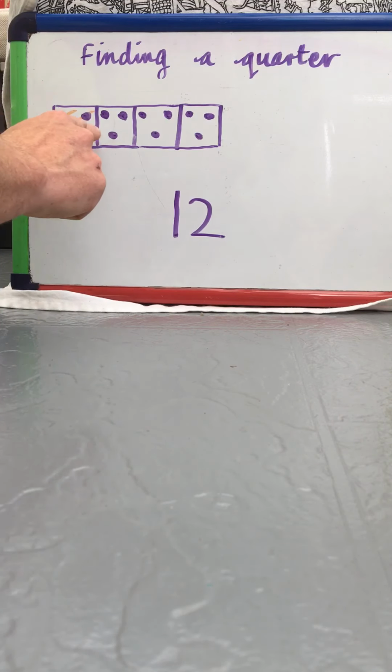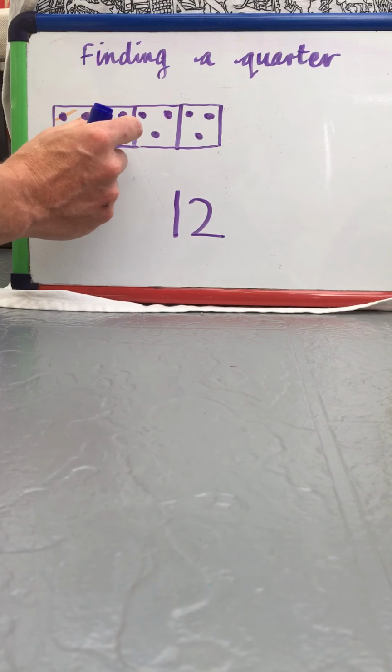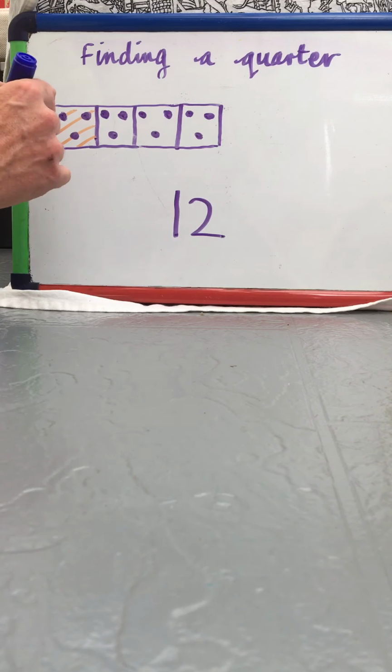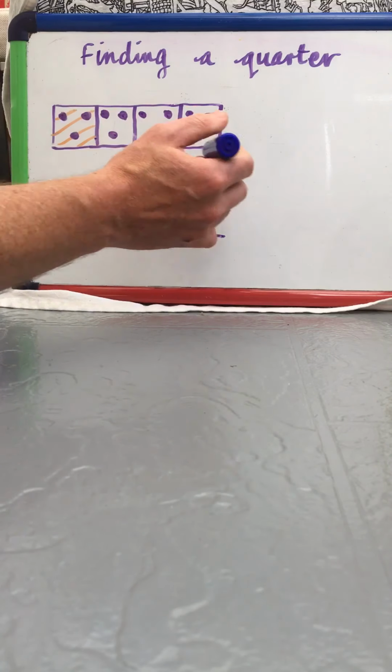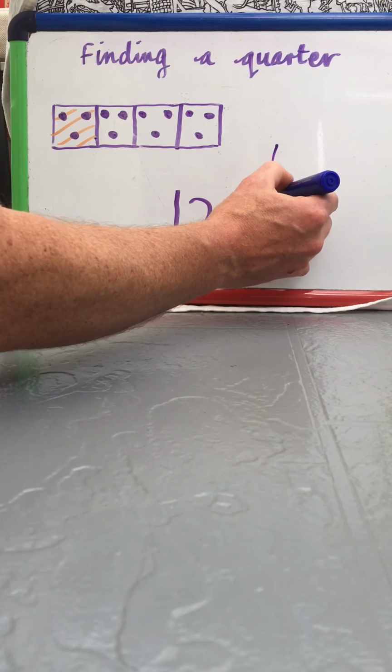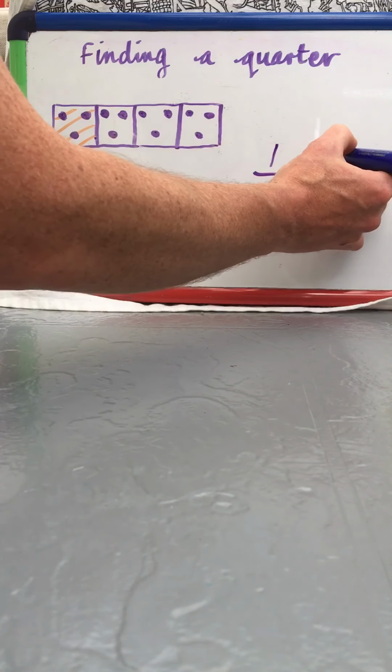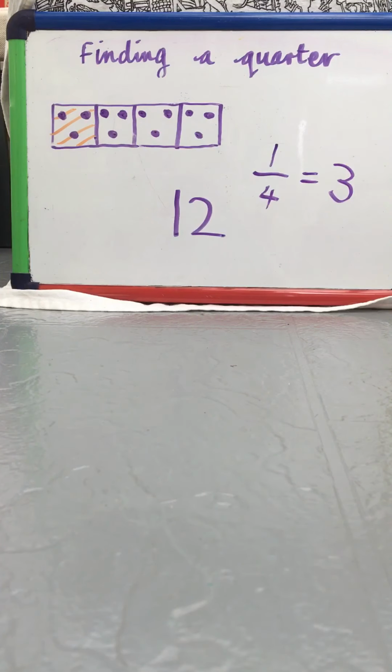So we've got 12 here, and everybody's got the same. That makes it fair. And if we count up, we can see that 1/4 of 12 equals 1, 2, 3. So there's the answer. 1/4 of 12 equals 3.